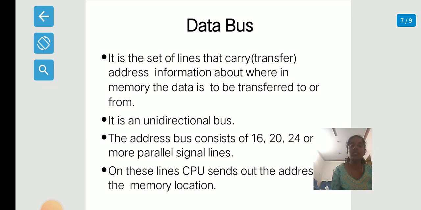The address bus consists of 16, 20, 24 or more parallel signal lines. On this, the CPU sends out the address of the memory location or input output port to be written to or read from.